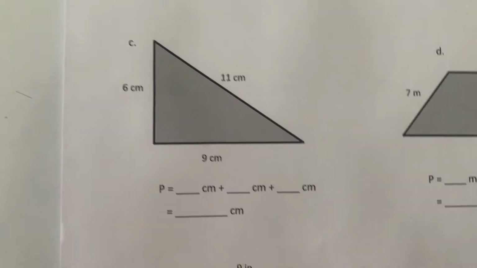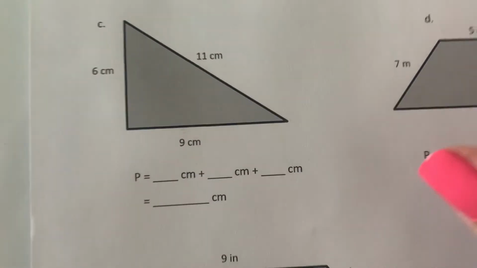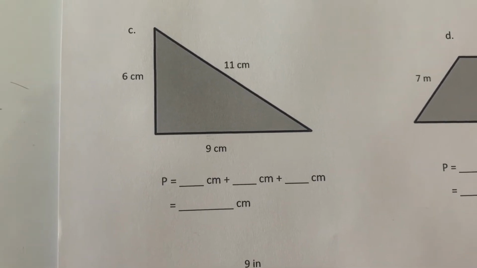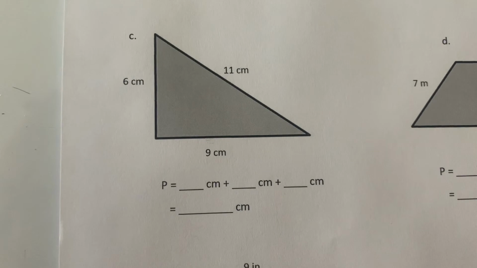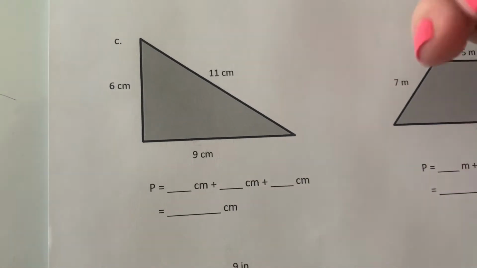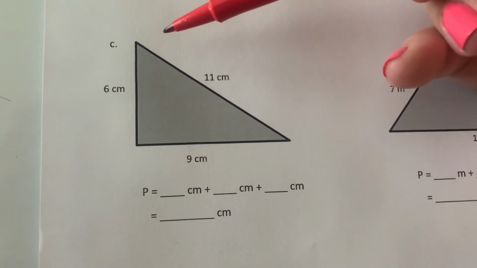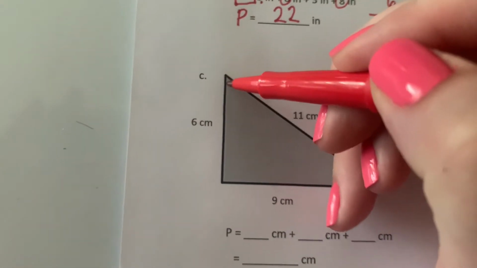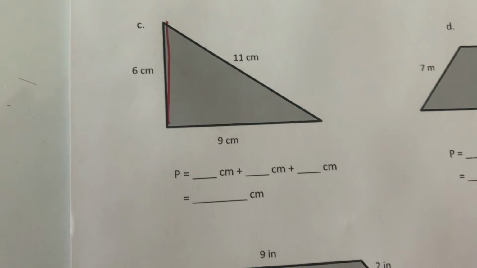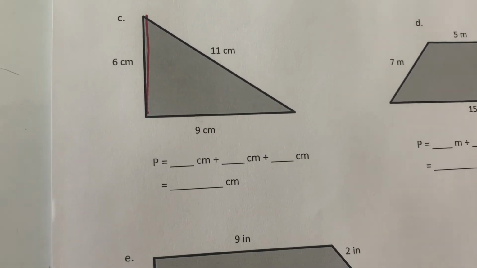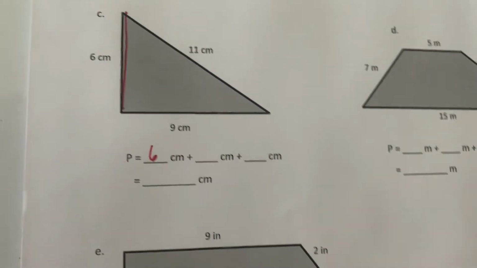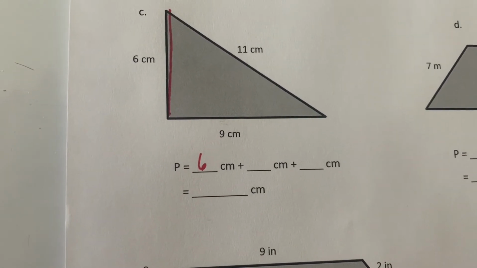All right, now let's look at this triangle. So this is a 3-sided shape. So does this mean we can't find perimeter because it's not 4-sided? No, you can still find the perimeter. You have to find the perimeter, okay? So it'd be hard to find the area, but we're not finding the area, we're finding the perimeter. So we're gonna start with side 1. Go ahead and fill that in. Go ahead and fill in side 2.